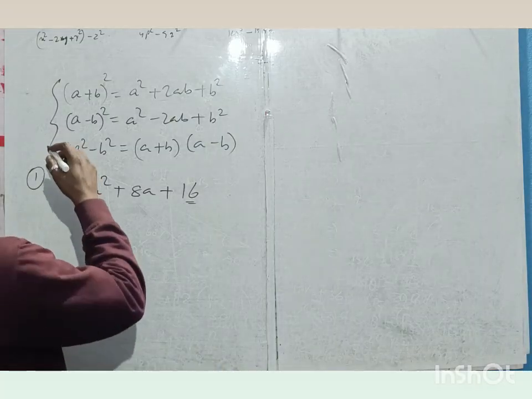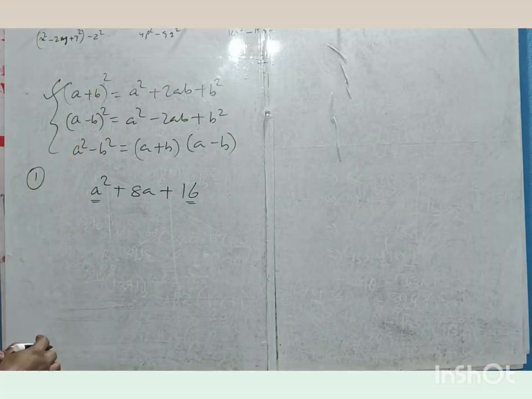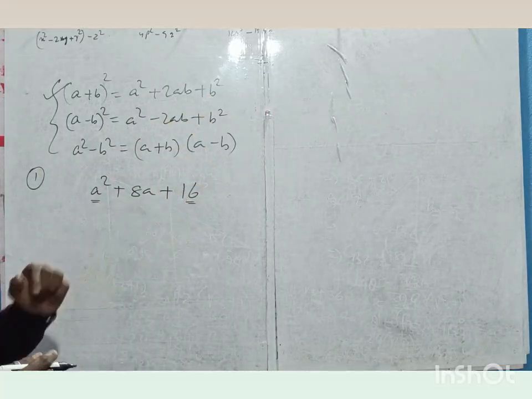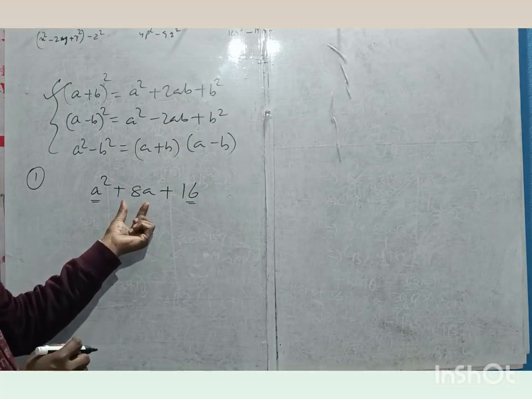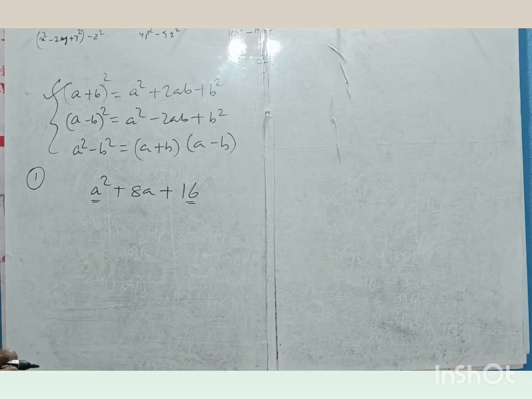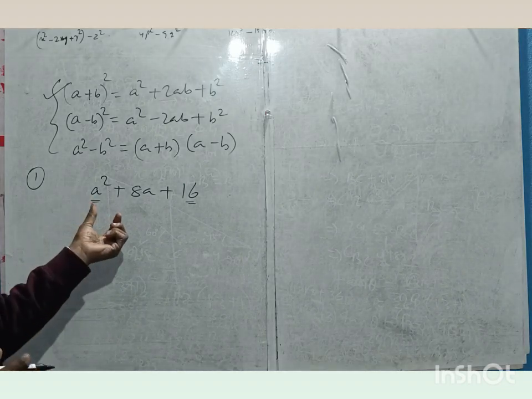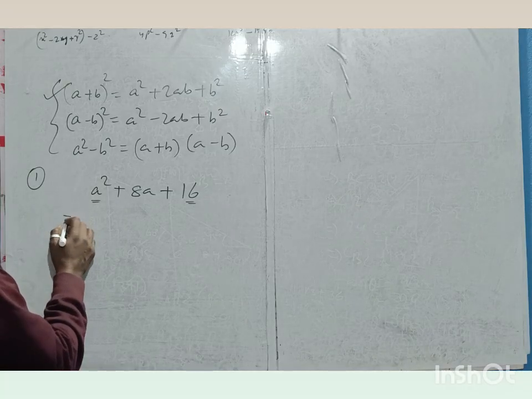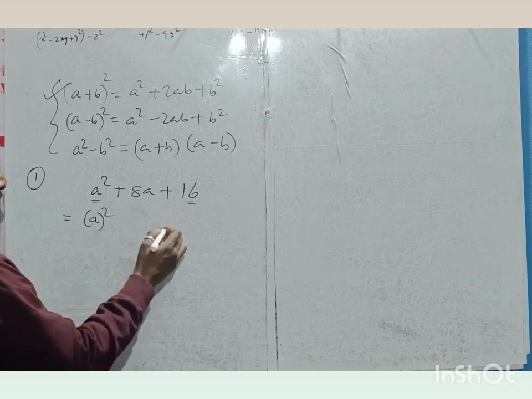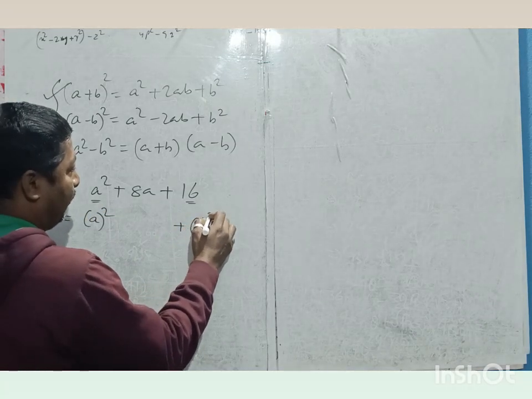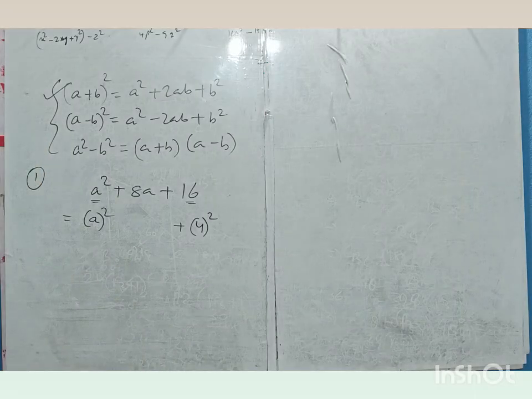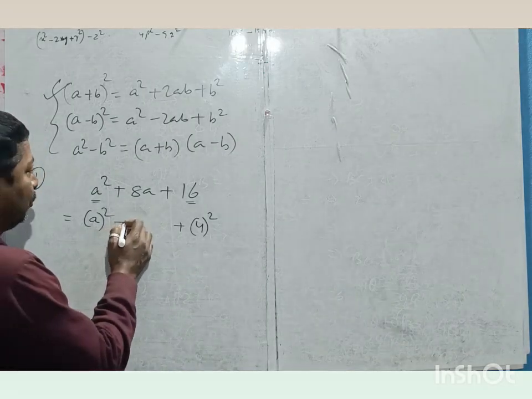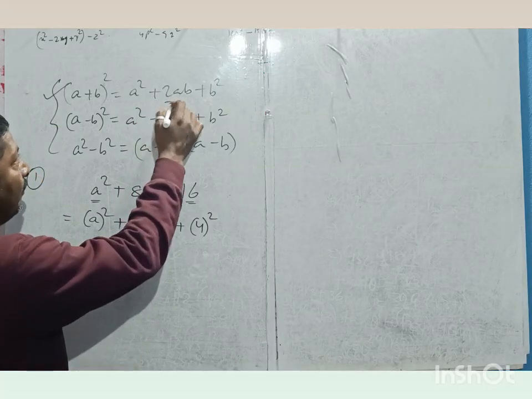It looks like this one fits more properly, because a square form is there, another square form is also there. 16 is a perfect square of 4, and it may fit the form 2ab. Okay, let's proceed. This is the a square and this is the b square. So let's do it with the 2ab form.